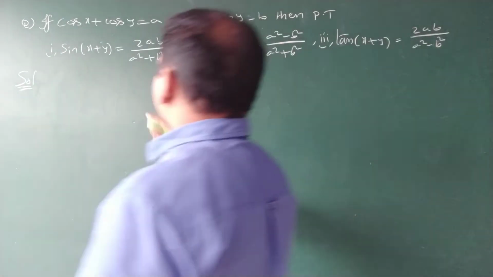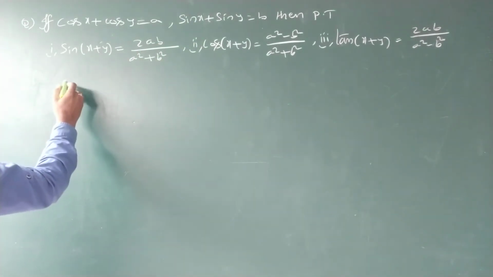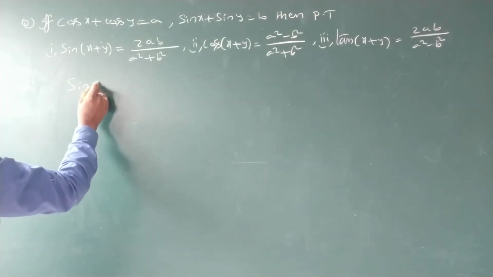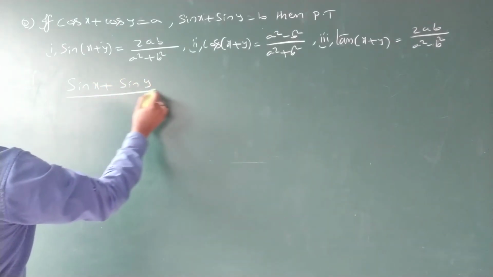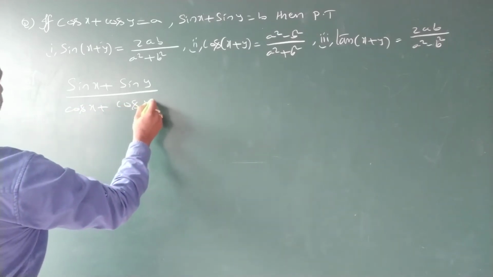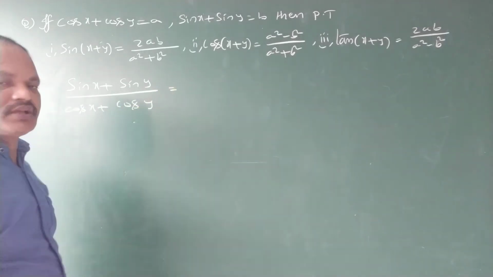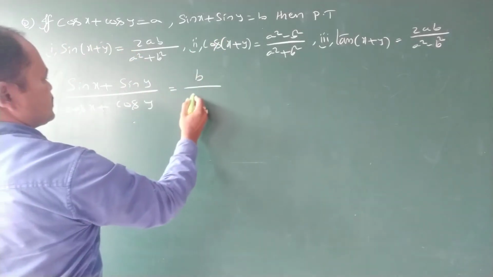Now we take the given conditions as a ratio, that is (sin x plus sin y) by (cos x plus cos y), where sin x plus sin y is b and cos x plus cos y is a.